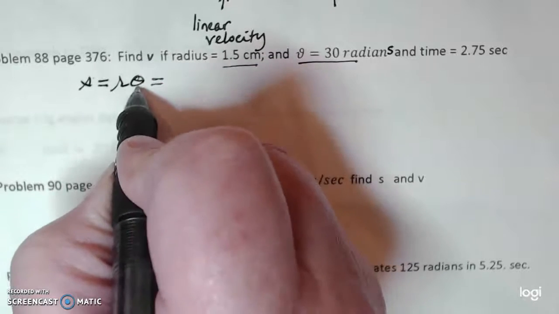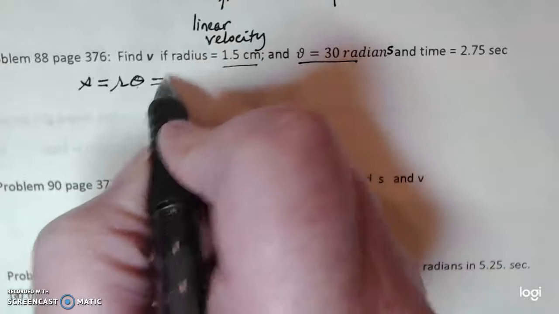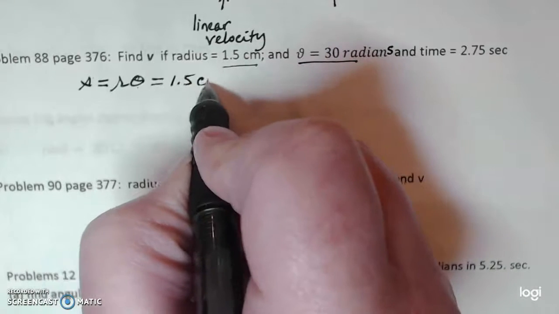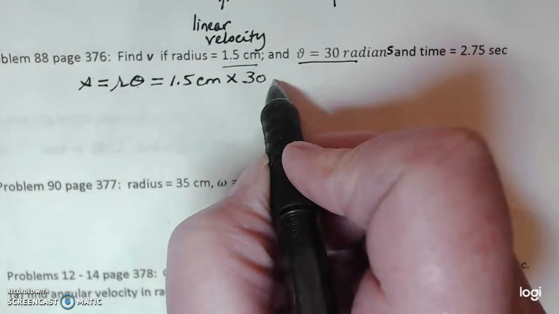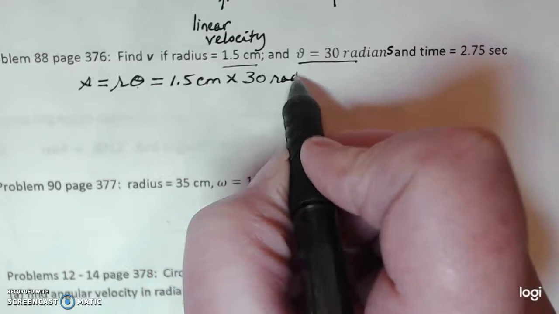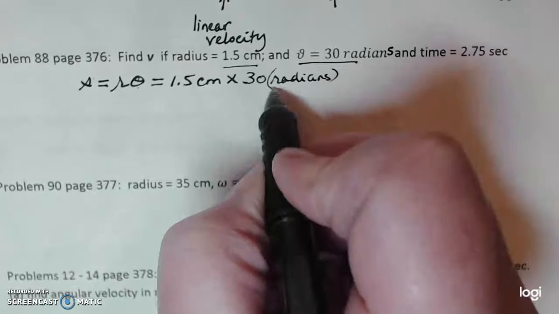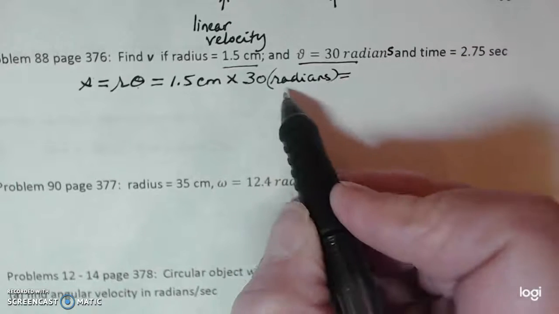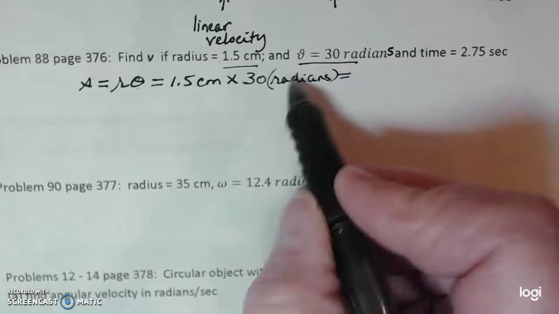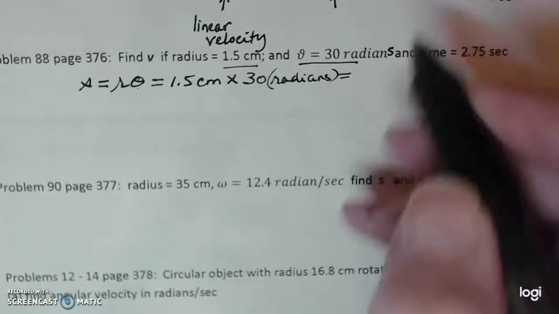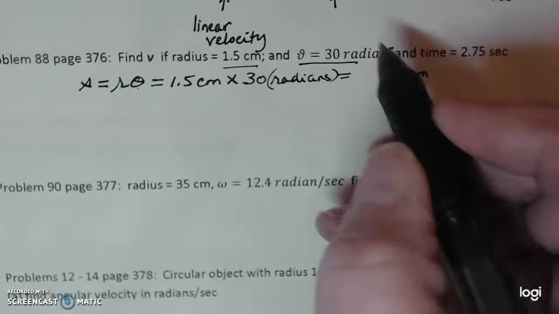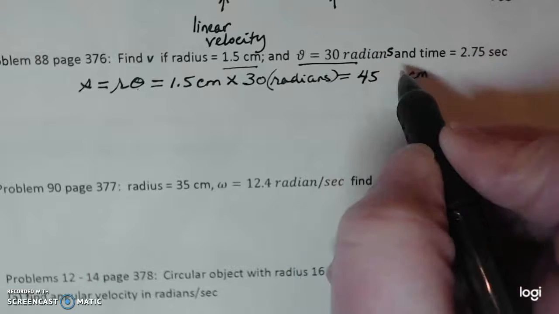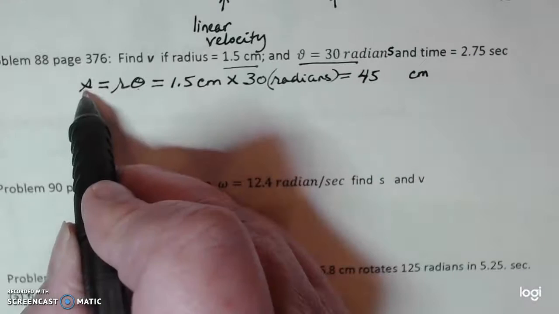And just as long as you're in radians and you've got radius, that's going to be 1.5 centimeters times your 30 radians. This is a good example where the radians is unitless, and you don't have to worry about that being a unit. And so your final calculation here is going to be 45 centimeters for length traveled.